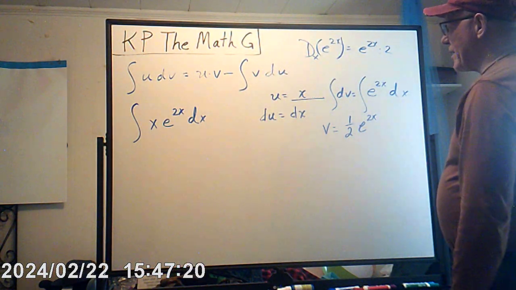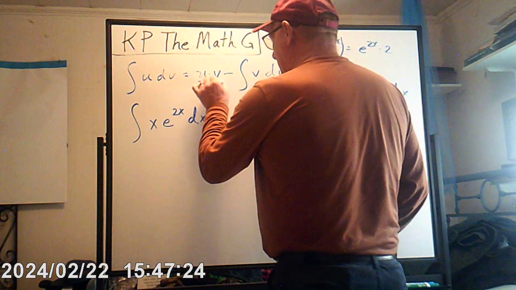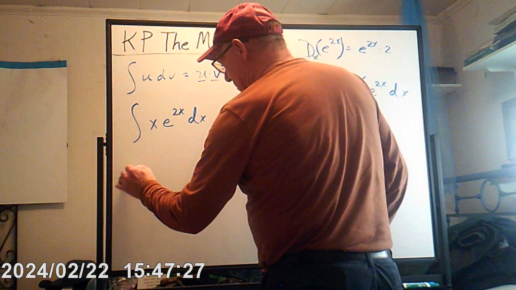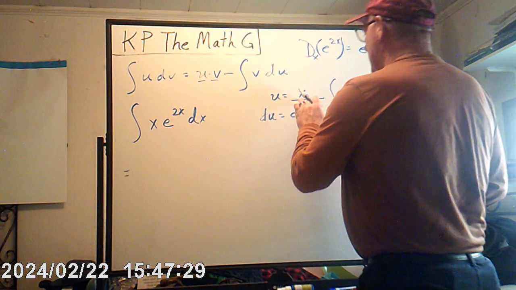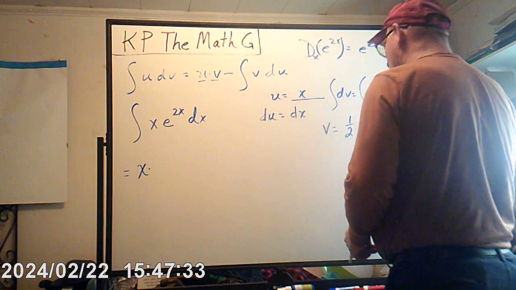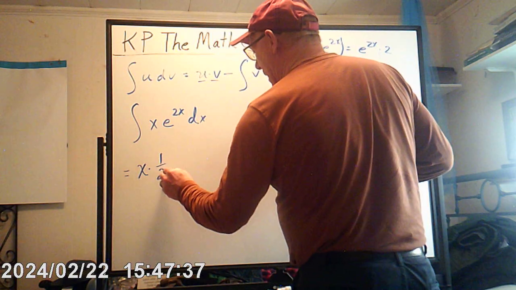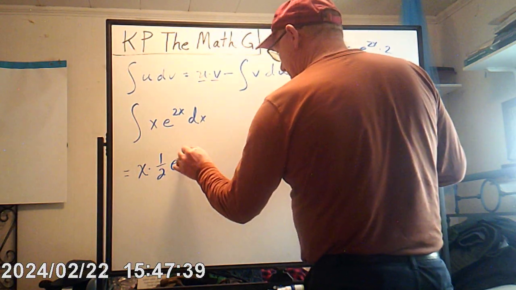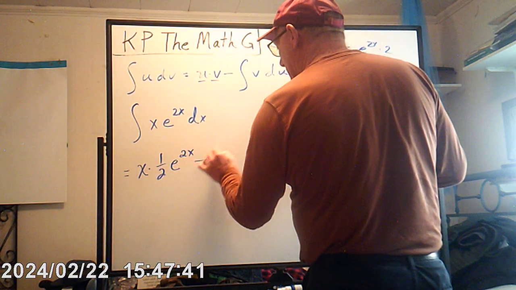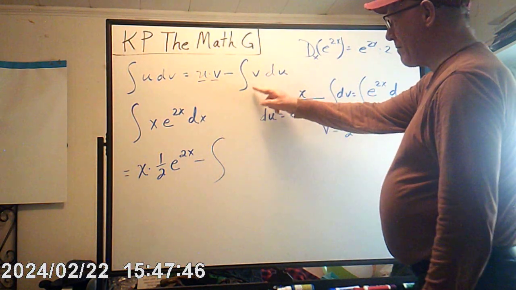So let's see what we've got now. u times v is what we're looking at. So it's equal to u, which is x, times v. Well, v is 1/2 e to the 2x, minus the integral of v du. Now I'm down to this.